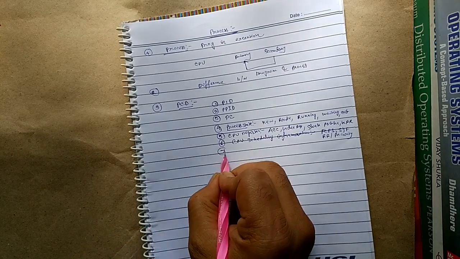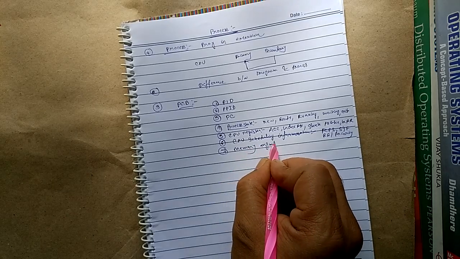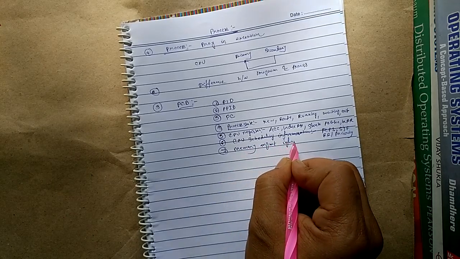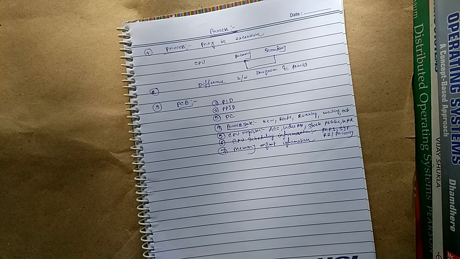Next, we will get memory management information. The memory management information will store the memory limit that will be used by the process to get executed.